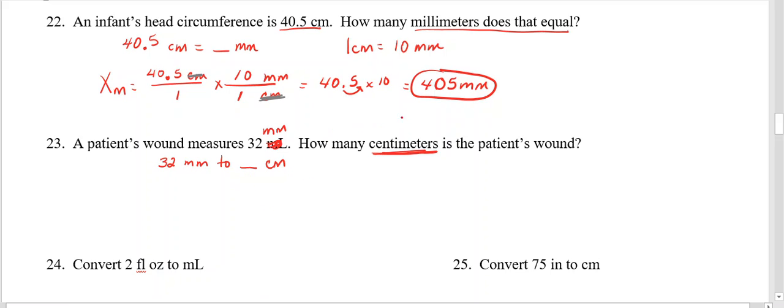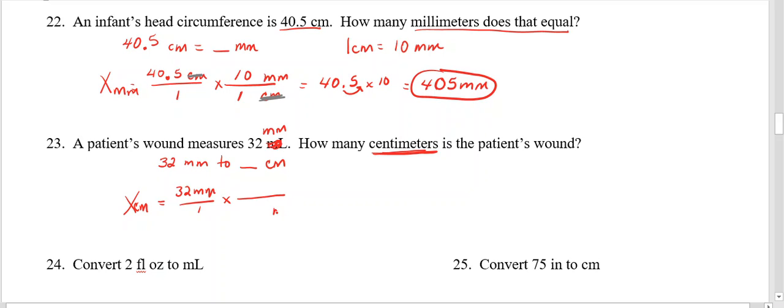Alright, so we're using the same conversion. 1 centimeter is 10 millimeters. Set it up with dimensional analysis. So I'm looking for centimeters this time. I'm looking for millimeters up there. So I start with the 32 millimeters over 1 times my conversion.